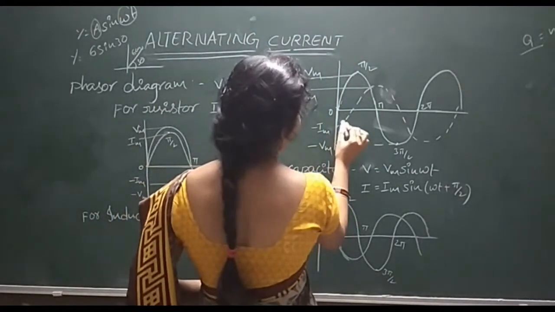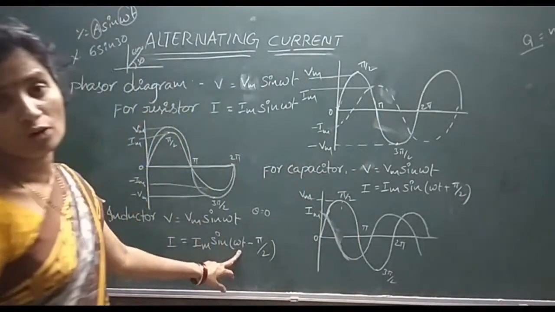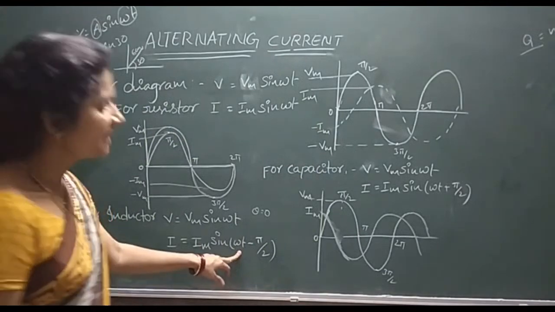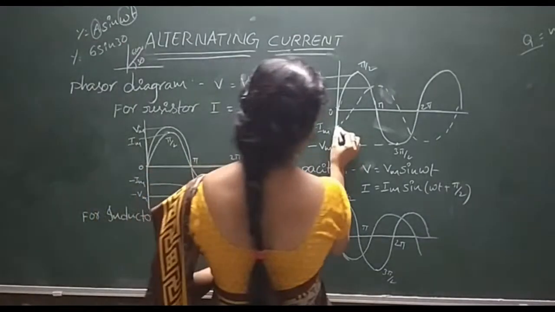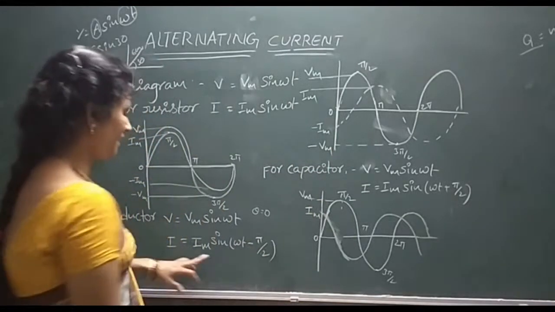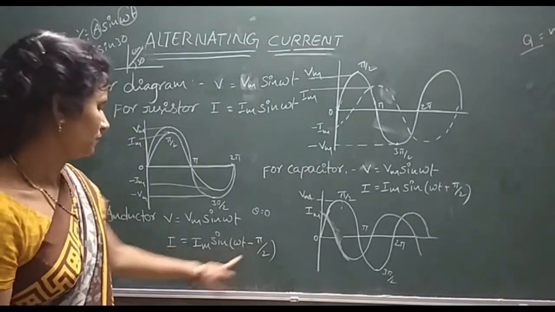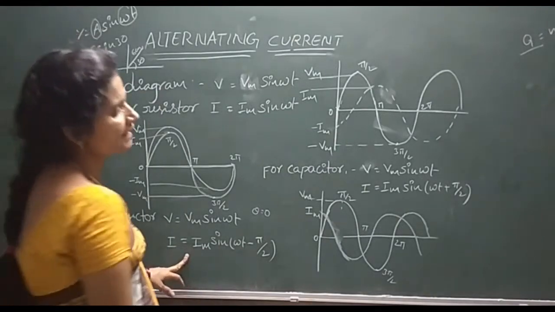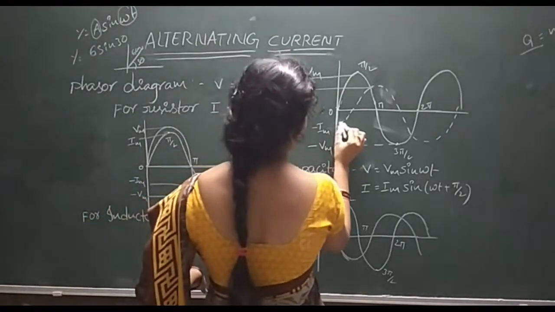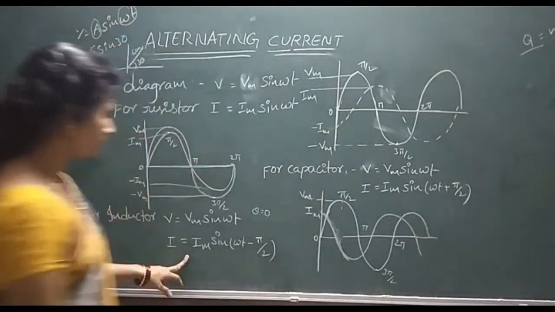If omega t is 90, then 90 minus 90 is 0, so the current is 0.